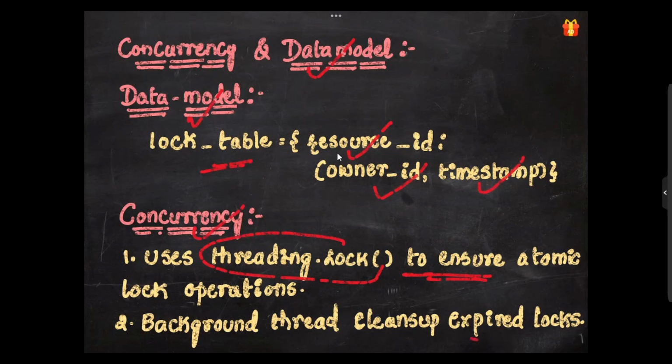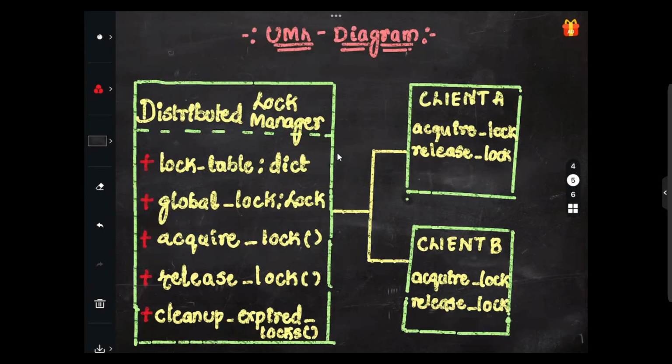The next part is the UML diagram, the main thing. According to what we have discussed till now, we'll go with three classes. The main or base class is the distributed lock manager, which client A and client B are directly related to.